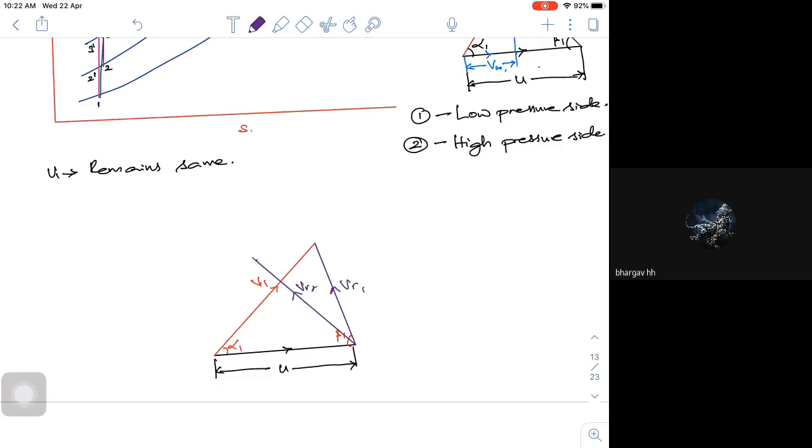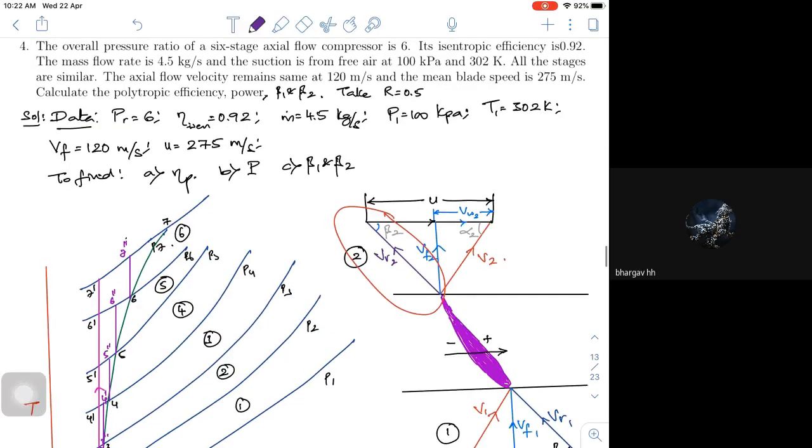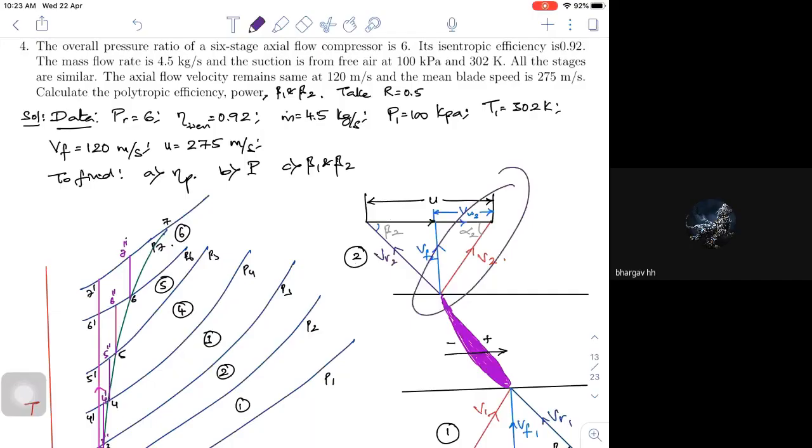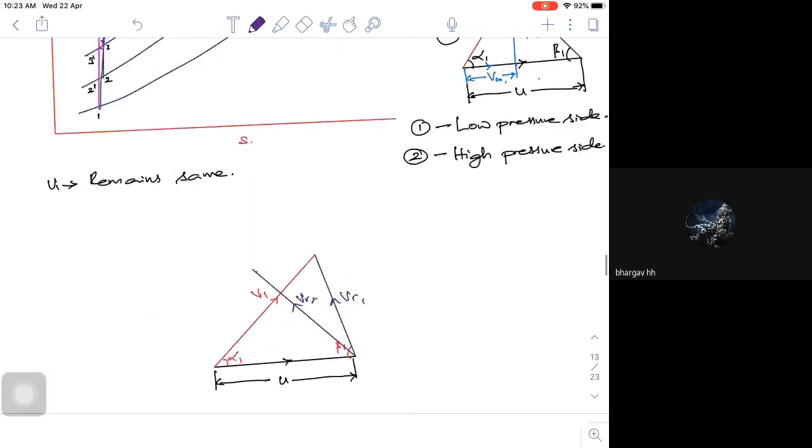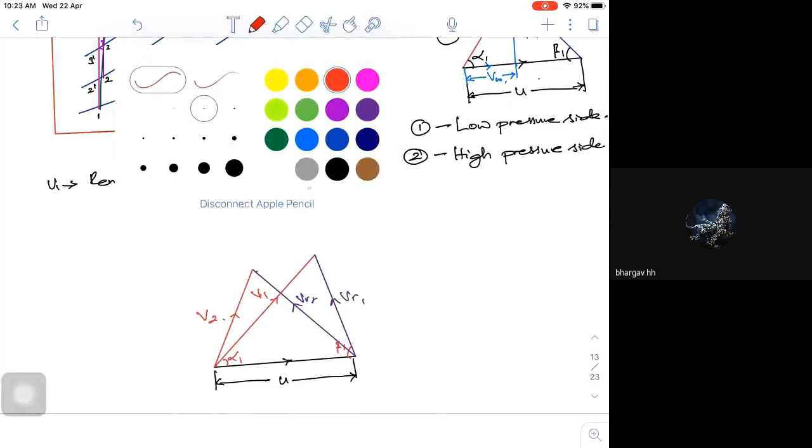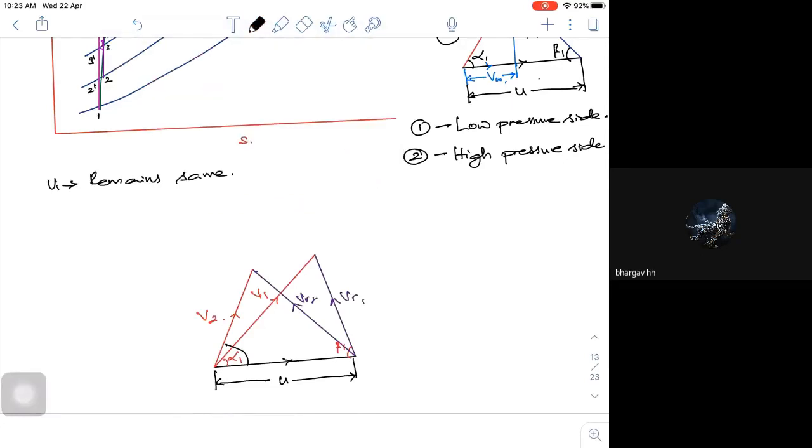Then this particular V2, what I'm circling, I will join from this particular point to get my V2. So now this is my alpha 2 and this is my beta 2.